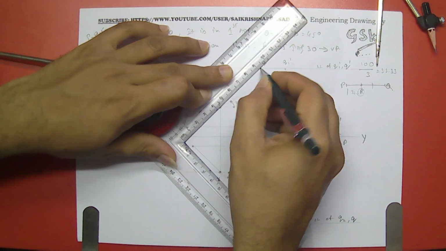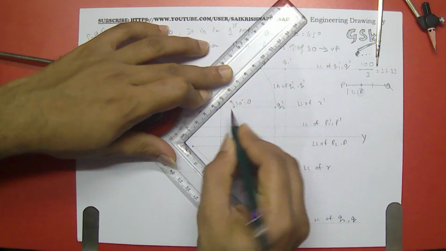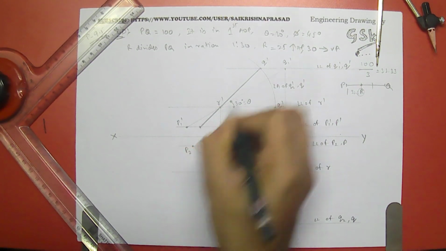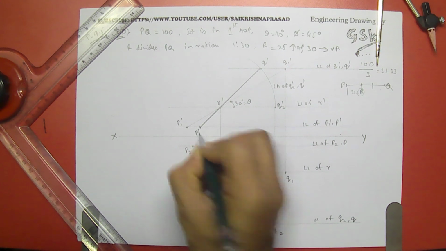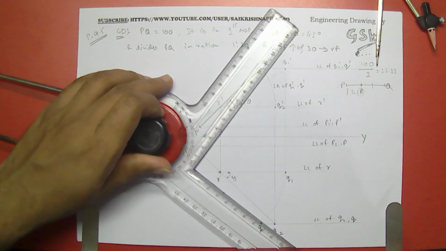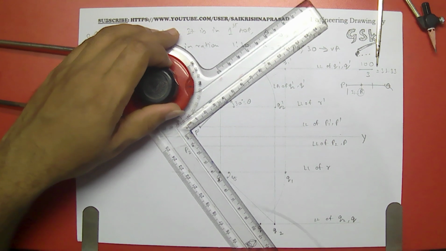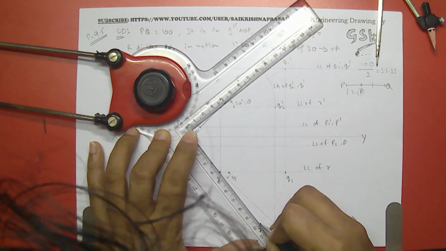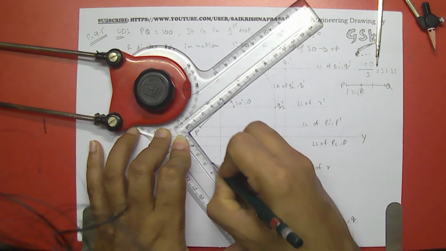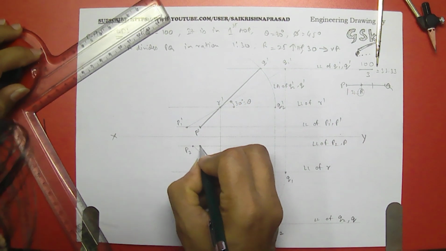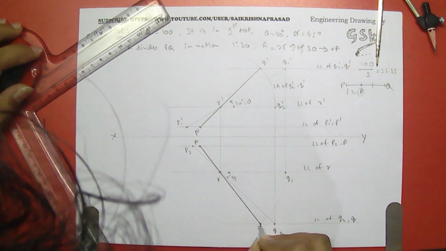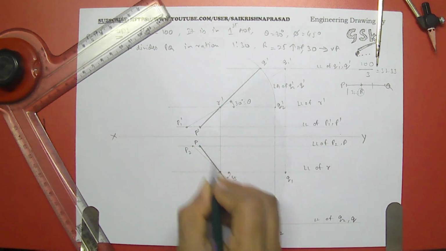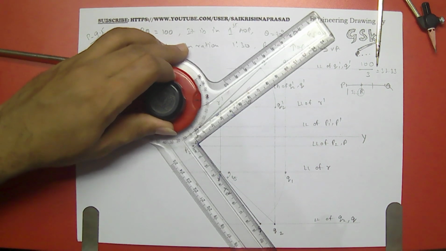I'll draw the line from here to here and I'll extend that to this one. So this point is Q dash and this point is P dash. Okay. For this also I'll do the same. This is P and this is Q. So PQ is the final top view, and we can measure the distance over here, right?